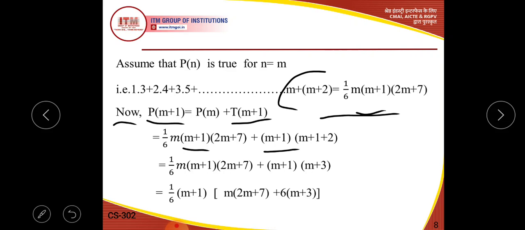Now take m plus 1 common, because in both the terms m plus 1 is common, so we take m plus 1 outside. The remaining left in the bracket is m into 2m plus 7 plus 6m plus 3.